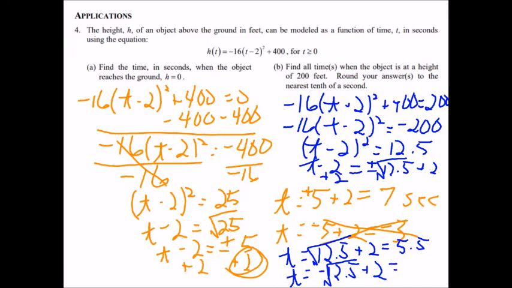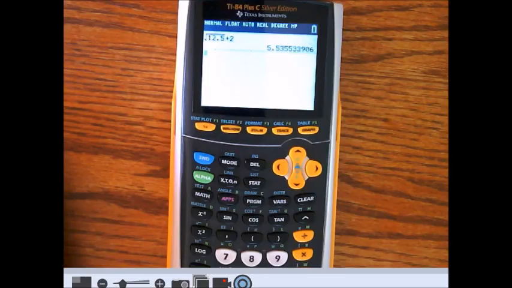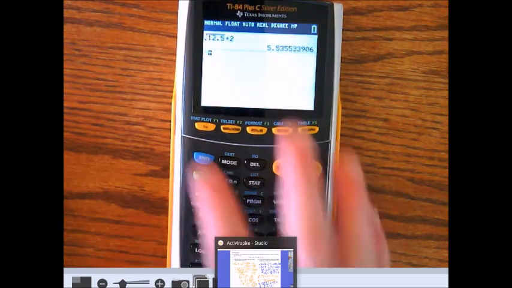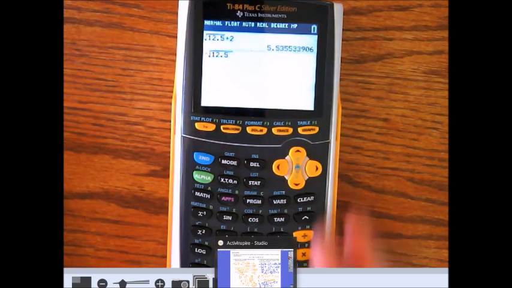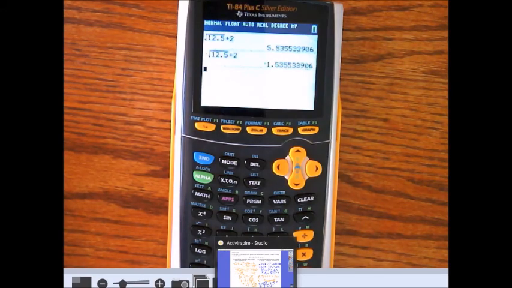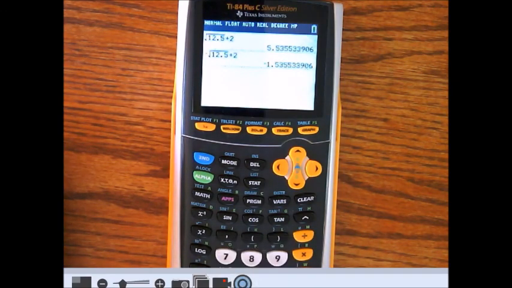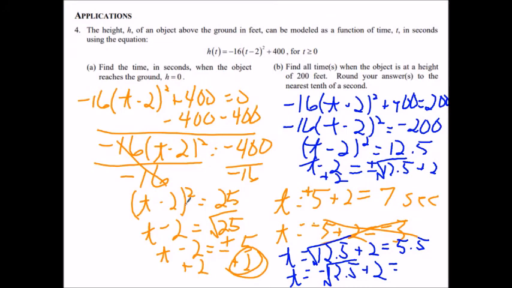And then the negative of that. So negative square root of 12.5 plus 2. So I get, again, negative 1.5, which doesn't make sense in the context of this problem because we can't have negative time, but here it is, negative 1.5. So 5.5 seconds.